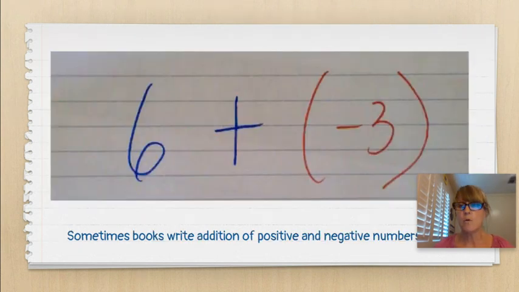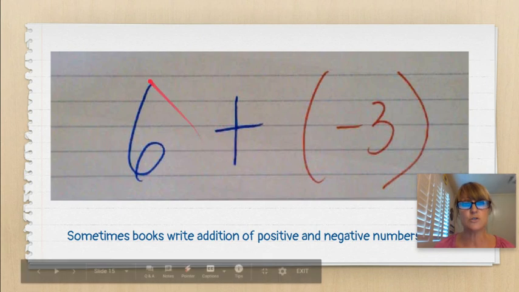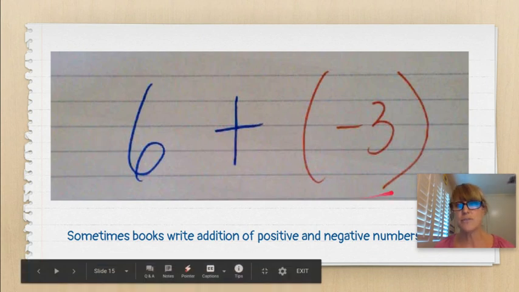Now, one thing you need to know about adding positive and negative numbers is sometimes books write them like this, where they put parentheses around the negative number. And the kids get very confused. They think, does that mean I have to do negative 3 first? No, it does not. This is still your starting point. This is still the number that tells you which direction to go.